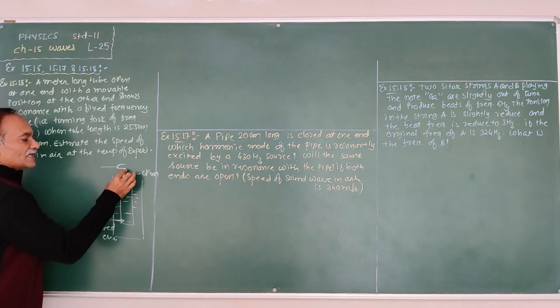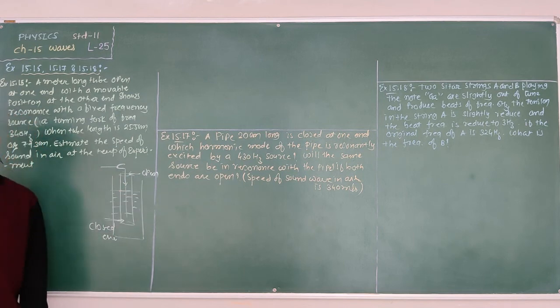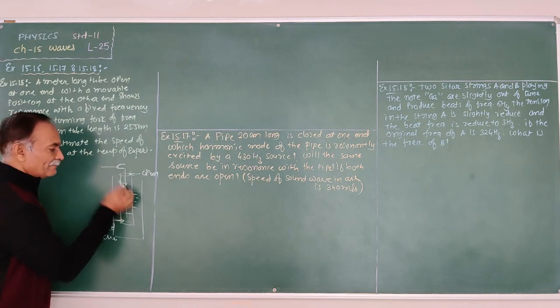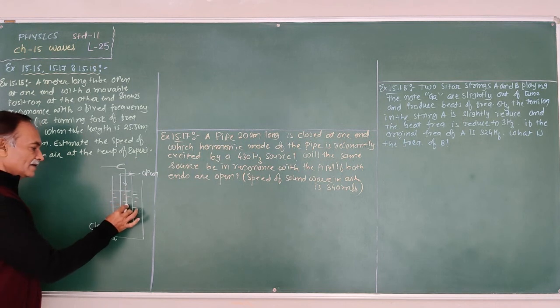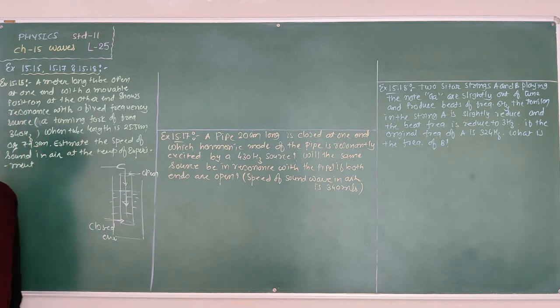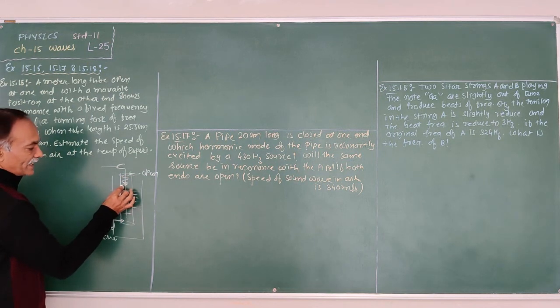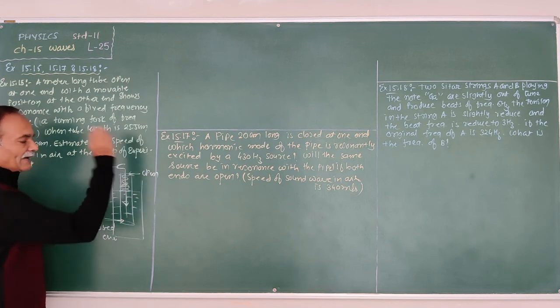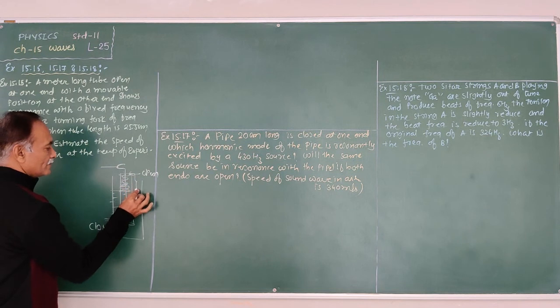The sound waves are propagating in the air medium, and some part of the sound wave is reflected from the surface of the water and some is traveling in the water medium. When the frequency of the incident wave and reflected wave becomes the same, at that time resonance occurs in this air column.